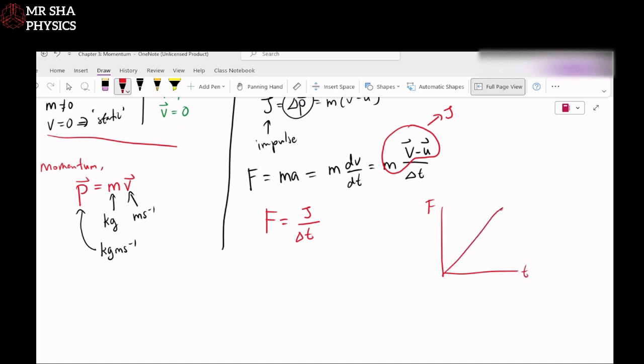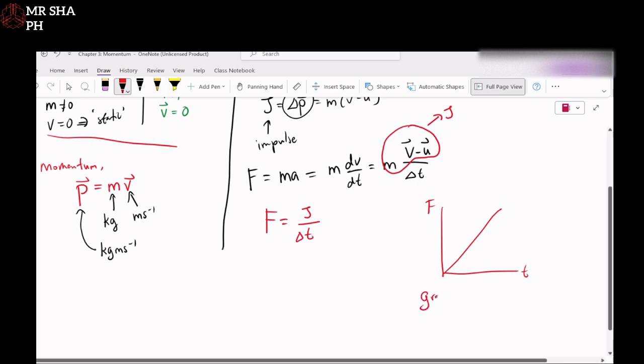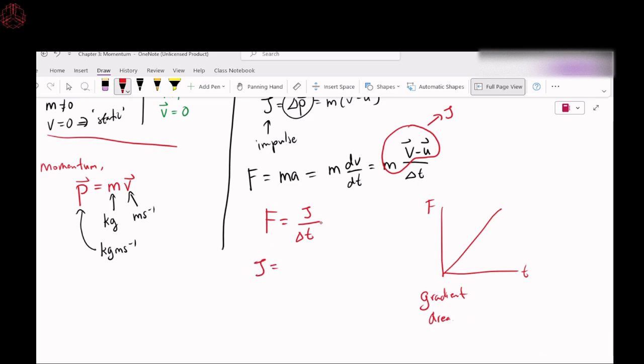Whenever you have a graph, you always look at two things: its gradient and its area under the graph. Now, if I rearrange this equation, I'll have J equals F times delta t. So impulse is just the product of F and delta t.